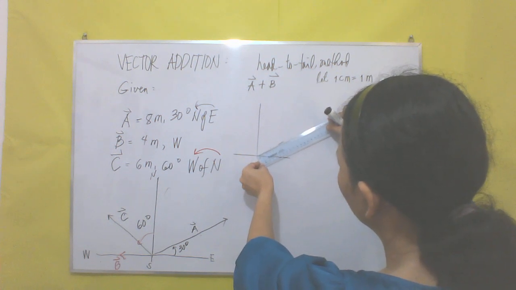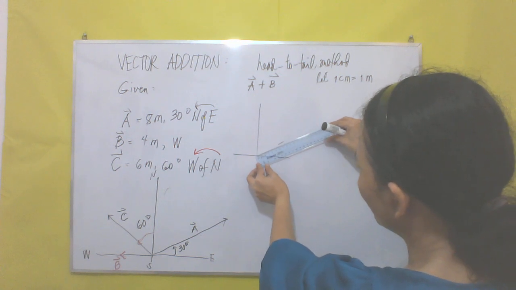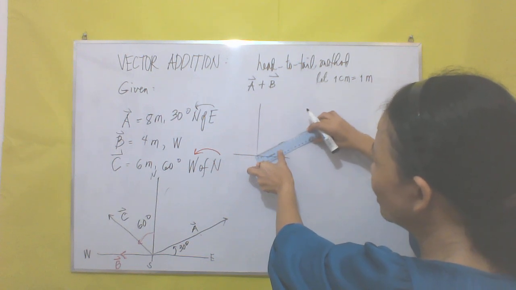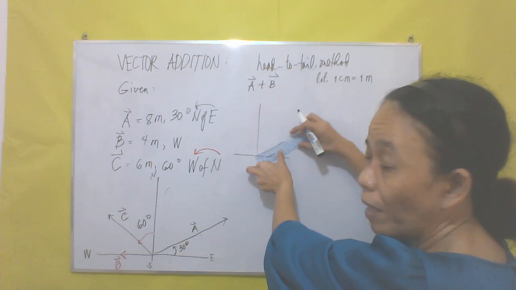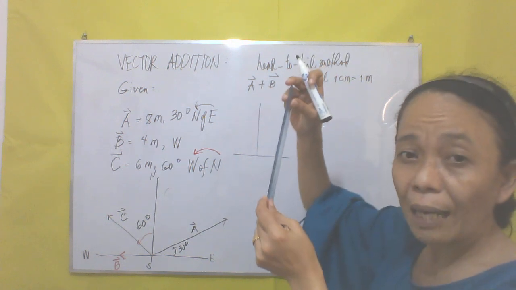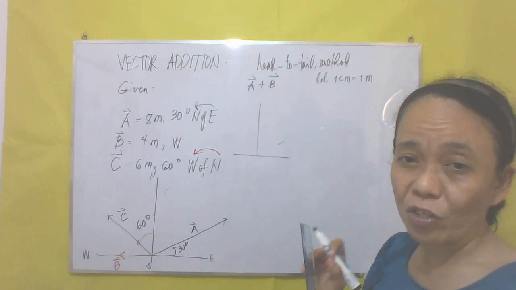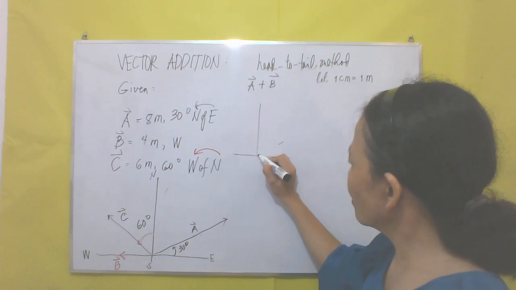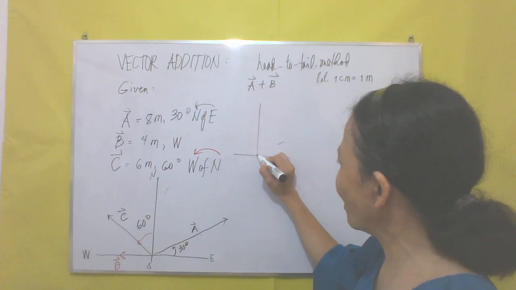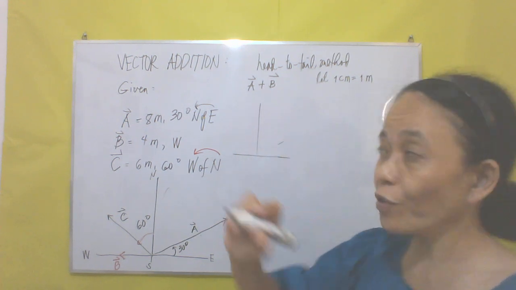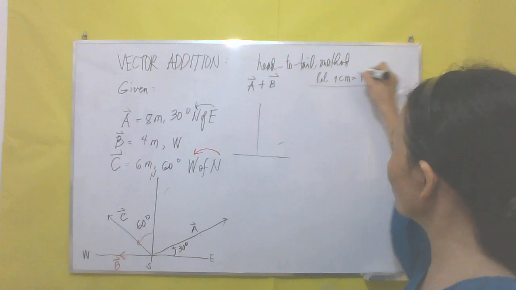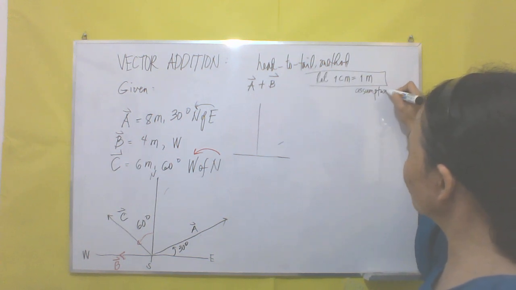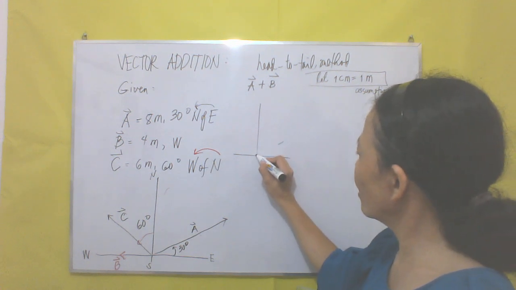From this origin, then we have here 8. Again, in your paper, you're going to apply the correct measurement. This is just an example. In here, I'm going to use a scale, but in your paper, you're going to use this assumption. Again, this is only our assumption.